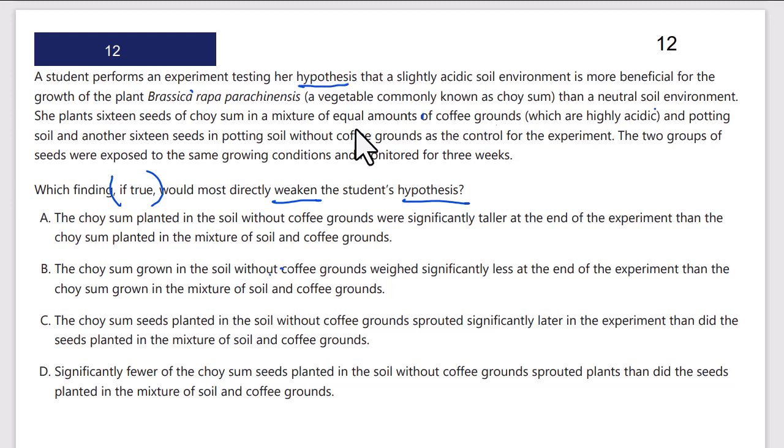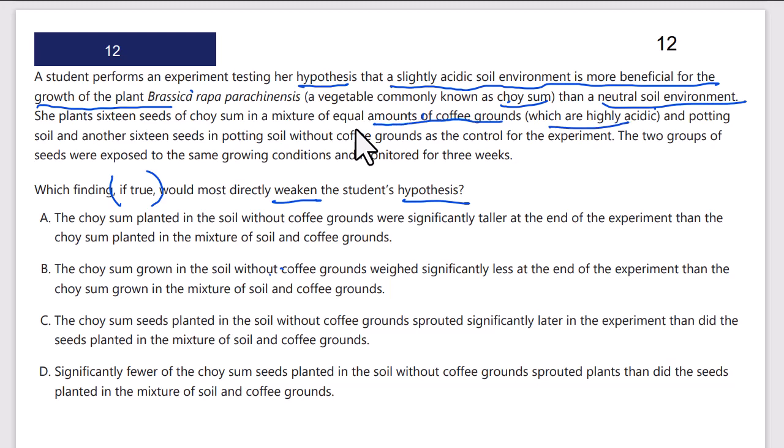So here we have the hypothesis. A slightly acidic soil environment is more beneficial for the growth of this plant, that they call choice sum, than a neutral soil environment. So she sets up an acidic example with coffee grounds. They're highly acidic.